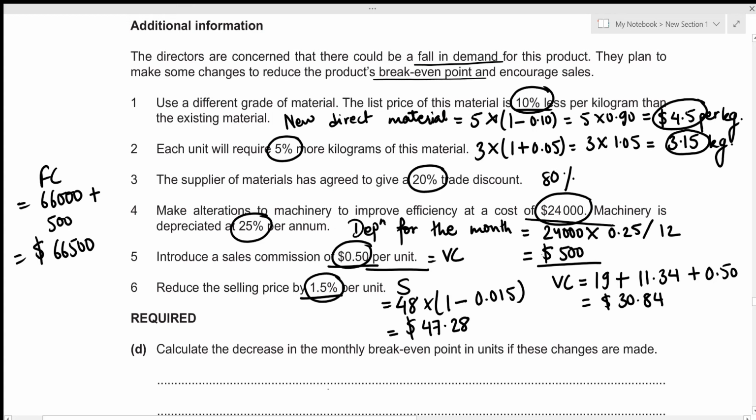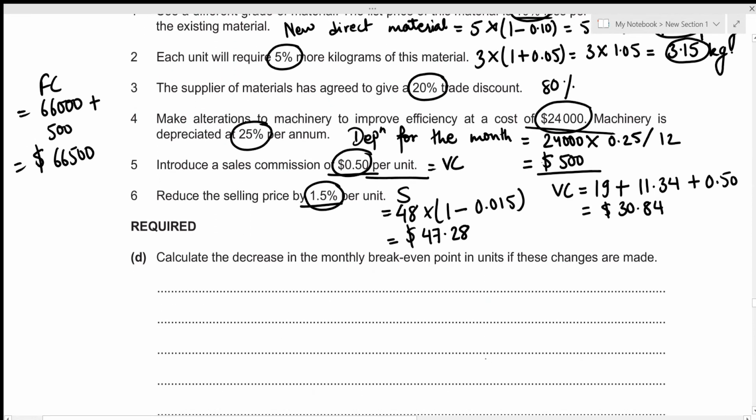Okay, so now we need to figure out the change in our monthly break-even point in units, meaning that we first need to figure out our new break-even point. Right, let's write it down. So new break-even point is just going to be the new fixed costs divided by our contribution per unit.